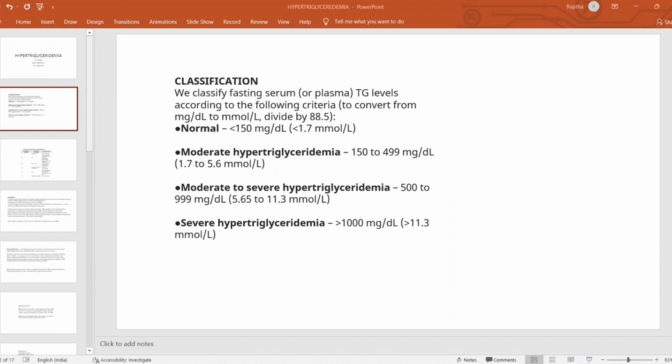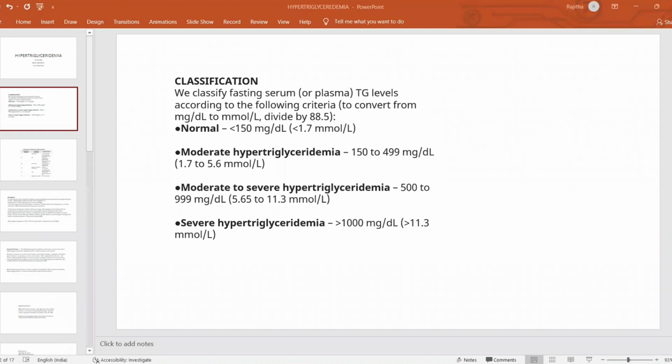Apolipoprotein is the most important part we should know before starting this discussion. Basically, in a lipoprotein, you have one component that is protein, which is the apolipoprotein, and the other is the lipid component, which could be HDL, LDL, or triglyceride or cholesterol.